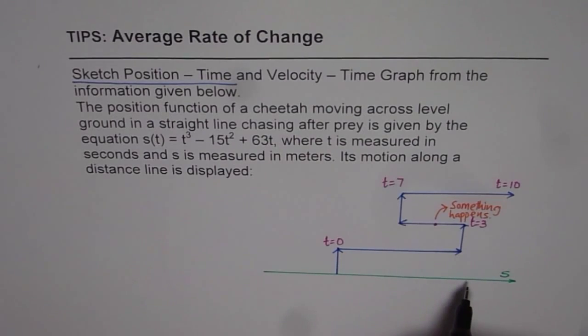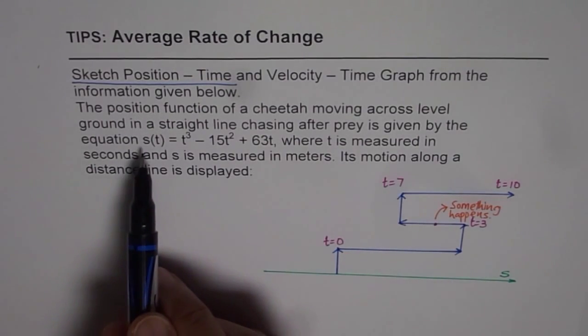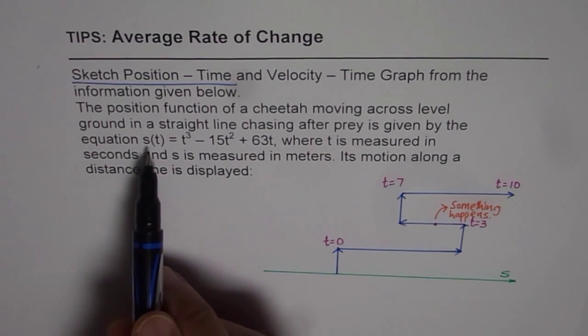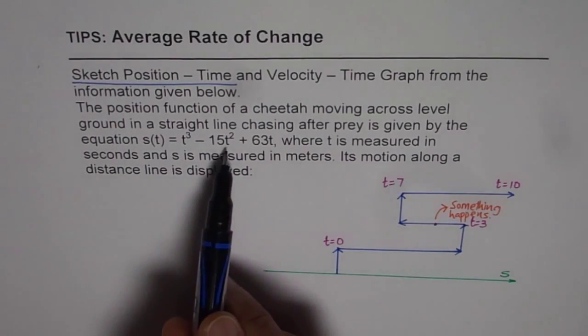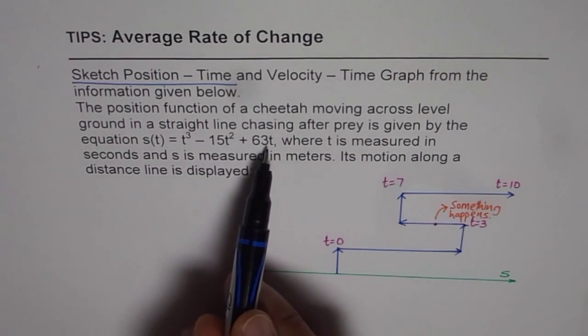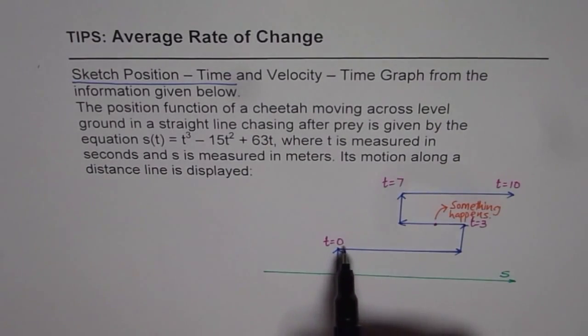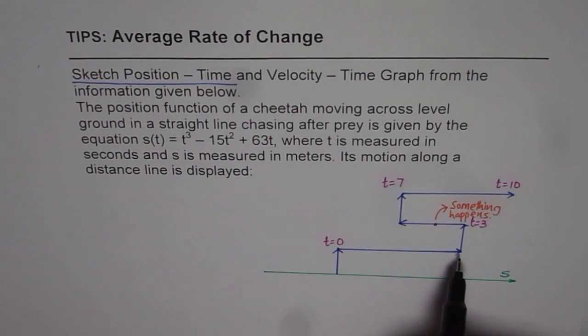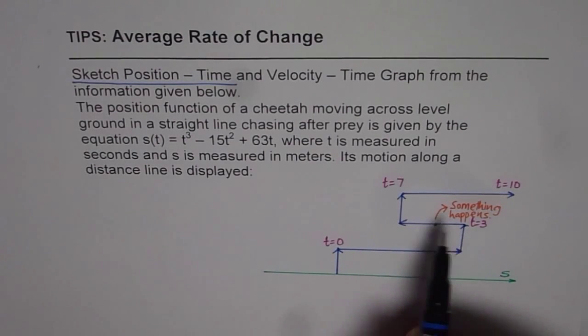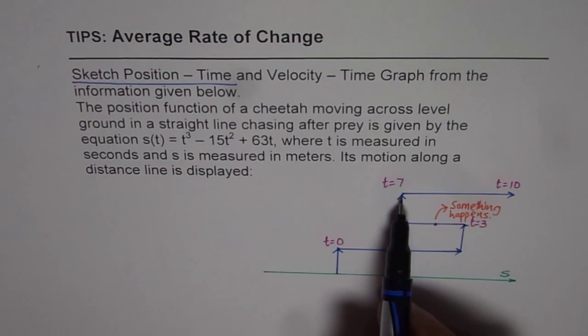Now here, the equation for displacement is s of t equals t cubed minus 15t squared plus 63t. The motion along a straight line shows that there are two turning points. One is at t equals 3, the other one is at t equals 7.